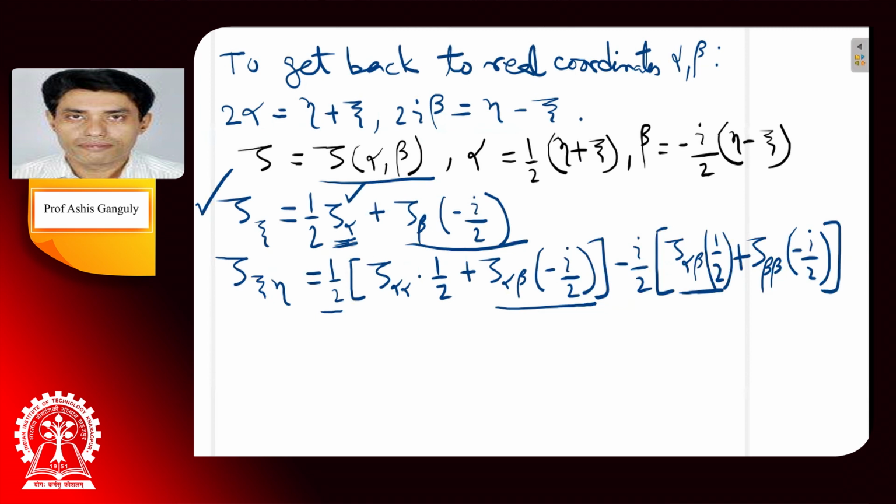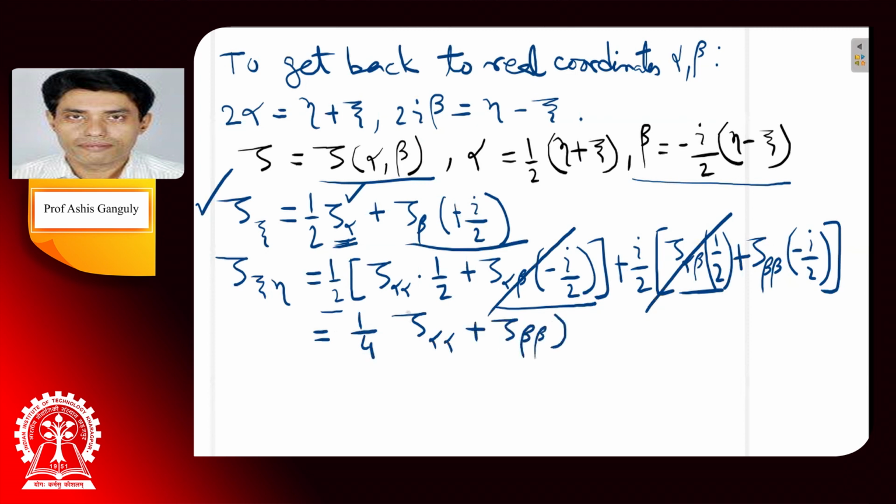So xi alpha beta here, so del eta is minus I by 2. Okay, and minus I by 2 is coming from here. Xi beta del beta. I think it is missed. It should be plus. Del beta del xi is plus I by 2. So it should be plus I. So now you see this cancels out. Okay. And you will get 1 by 4 zeta alpha alpha plus zeta beta beta.